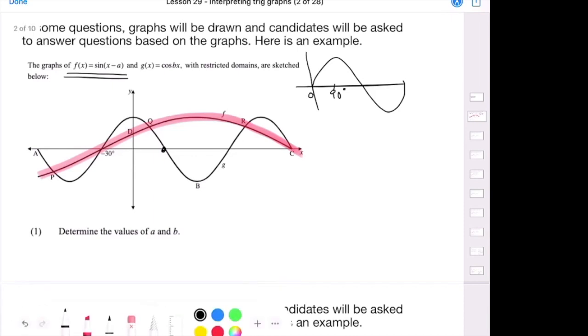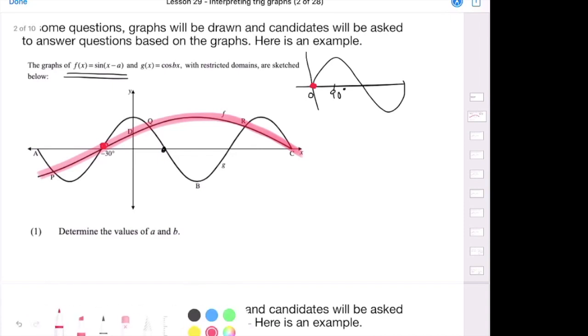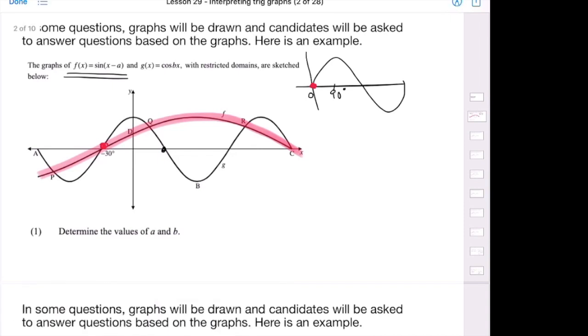Now, if you look at this point, 0, 0, and you look at this point, minus 30 degrees, 0, you can tell that there was some shifting from 0, 0 up to negative 30 degrees, 0. And so if you want, you could say 0 degrees and 0 was actually shifted to negative 30 degrees and 0, and take it from there.